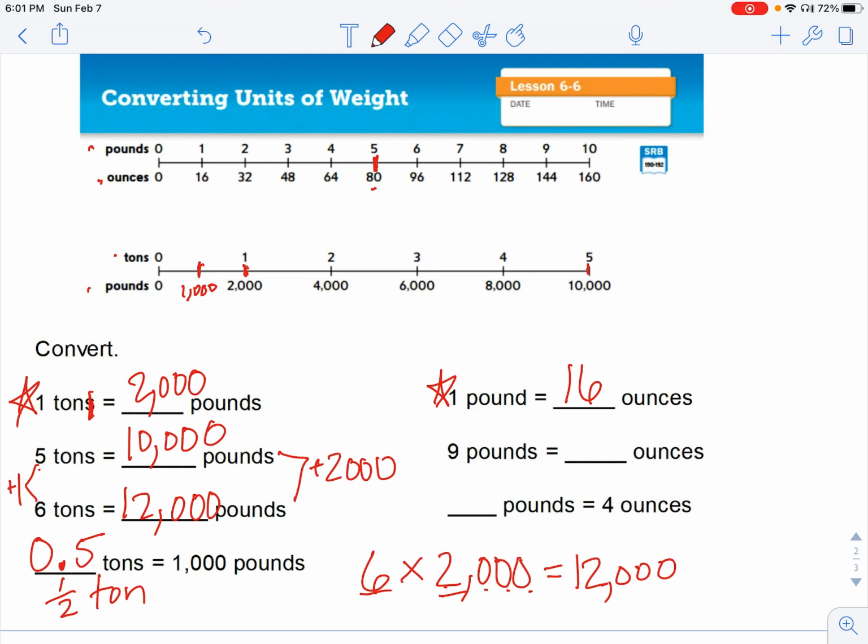Then if we thought to 9 pounds, okay, 9 pounds was 144 ounces. And now what if you only had 4 ounces and we need to know how many pounds that is? Again, it's part of a whole, right? We only have 4 ounces when a whole pound has 16. So you could have said 4/16 of a pound, or better yet, let's reduce that fraction.